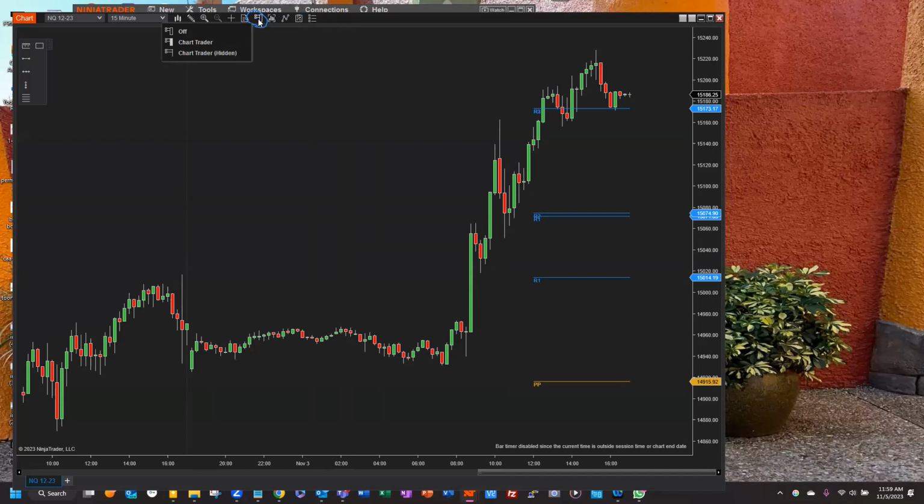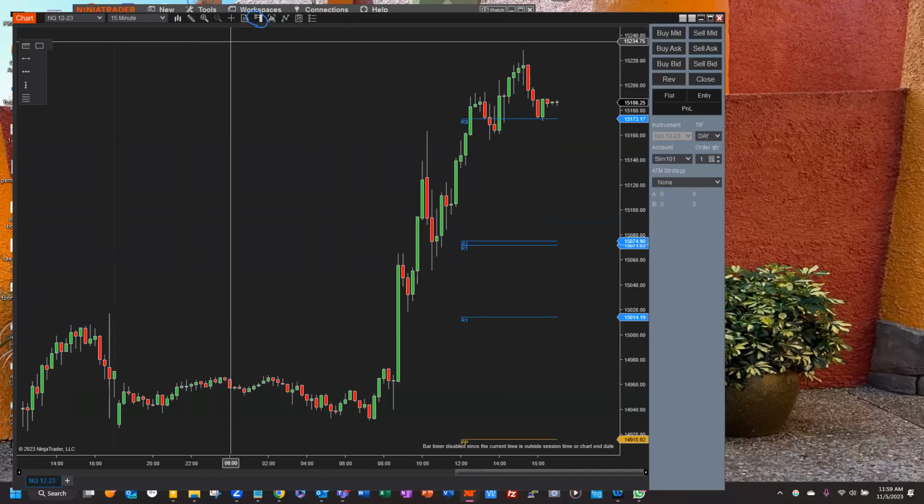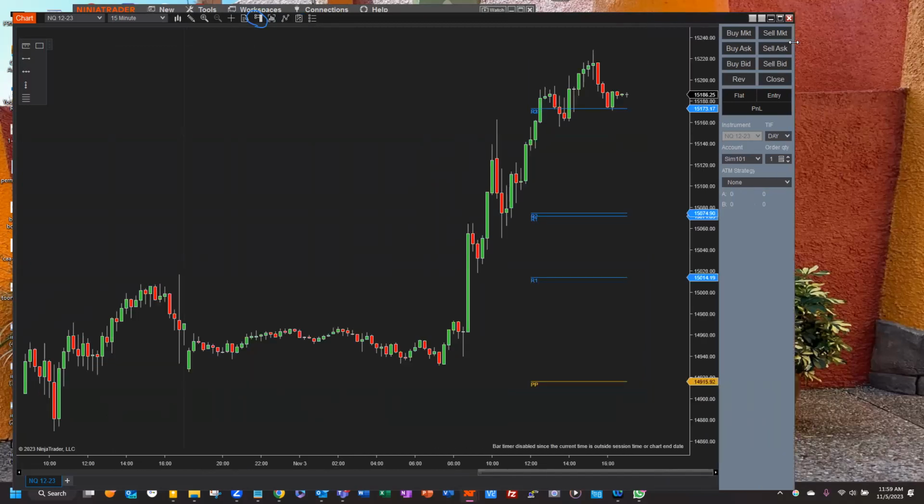Okay. All right. So I just circled that. This is the chart trader. On the chart trader, right now you have it off. We'll go ahead and show it. Chart trader, just click on chart trader. Next one, to the right. You went too far. It's right there, that one. Chart trader. Okay.